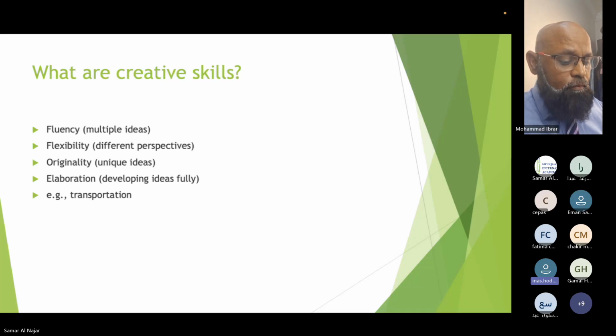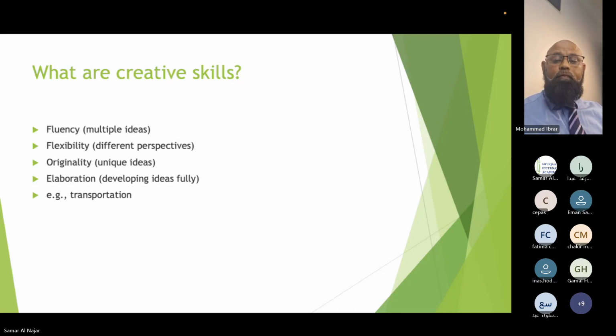Here, I would like to ask, are creative thinking and critical thinking both integrated or interrelated? Actually, as I told you, they complement each other. Thinking and creativity are always together.